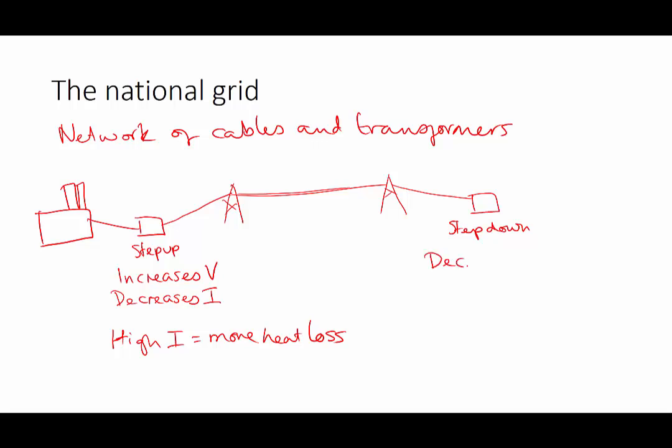It decreases the voltage and increases the current. The reason it does that is to make the electricity safe to go into your home. And the very last thing you need to know is that the domestic electricity supply in the UK is 230 volts.